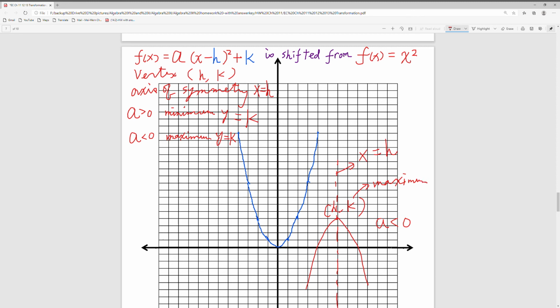Okay, and it looks like my h is 6, right? And k is 4 in this case. But how wide or how narrow depends on a. So this is the concept.